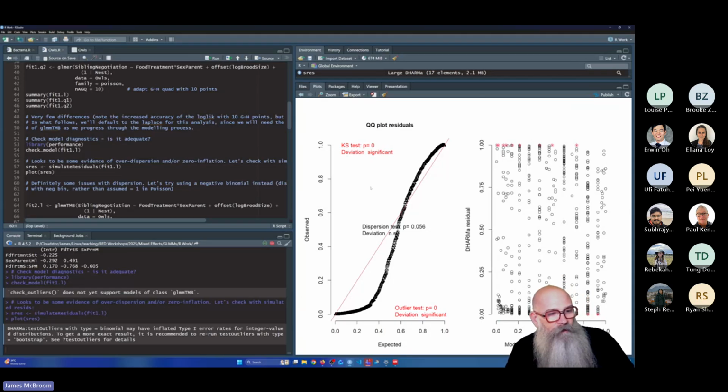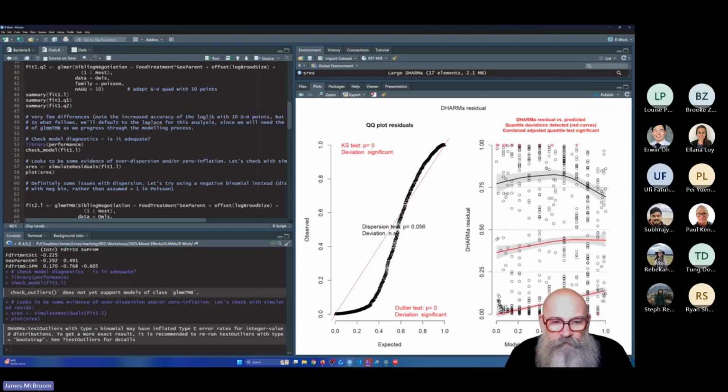Okay, the first one is observed versus expected, if you have uniformly distributed simulated residuals. Pretty clear here that we don't. We also see in the bottom left of this picture that there are far more observed residuals down near 0 than you would expect if it was really Poisson distributed.